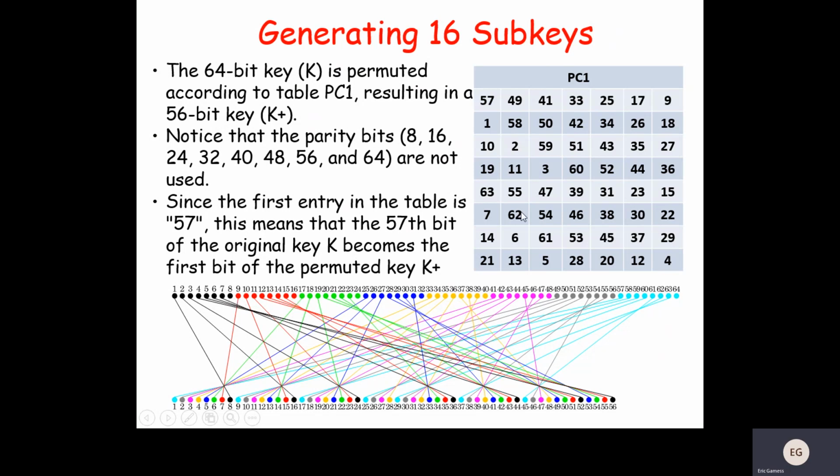It is lost. So as you can see in the table PC1, we don't have 8. We don't have 16. We don't have 24. We don't have 32. Okay, because we lose those bits. The others are shuffled, as you can see, and we lose 8 bits. So this result, we will call it K plus. And the length of K plus will be 56 bits.